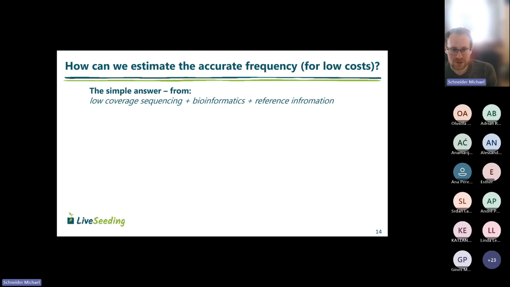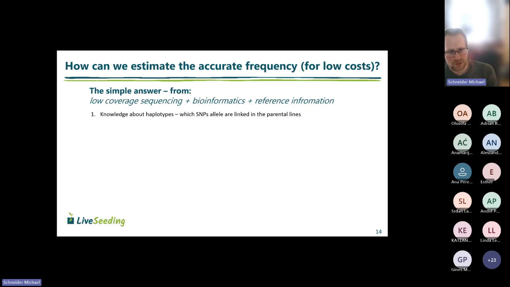Imagine just one additional read comes in, and the frequency will not remain at 20% for the one allele. It would change drastically, so the variance is extraordinarily high. Still, it's possible to do this when we include some bioinformatics and also some biology, including the reference information.